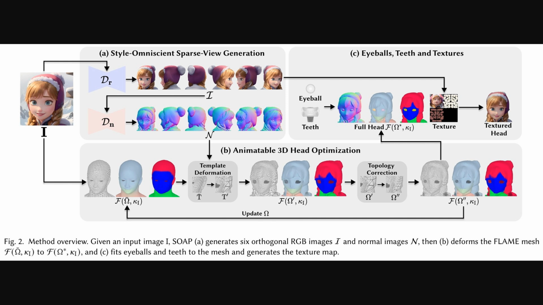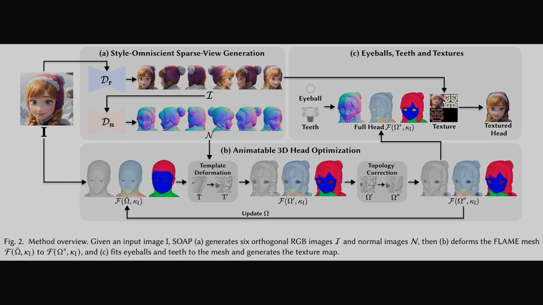Next, in the animatable 3D head optimization stage, it uses these views to deform an initial FLAME mesh, a standard animatable 3D head model, to match the input, correcting the mesh's structure or topology as needed. Finally, it adds eyeballs, teeth, and generates the texture for the complete head.